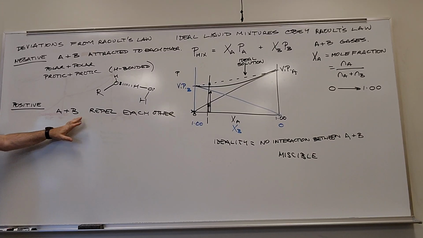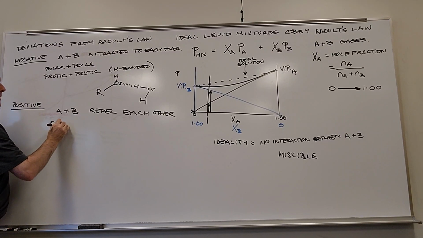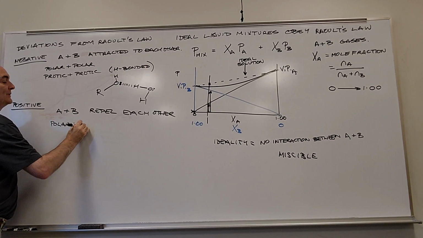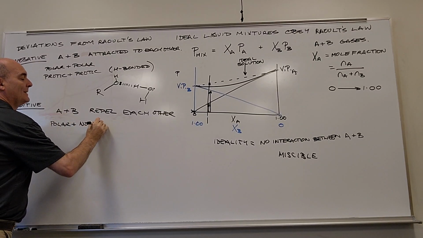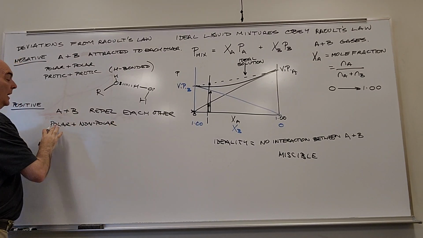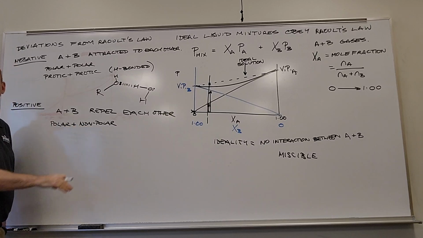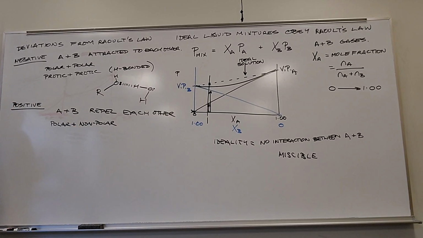So one of these is going to be polar and the other one is going to be non-polar, but they cannot be highly polar and highly non-polar. It has to be within a reasonable range, that one of them is not very polar and the other one is also not particularly inclined one way or the other, but they don't match.